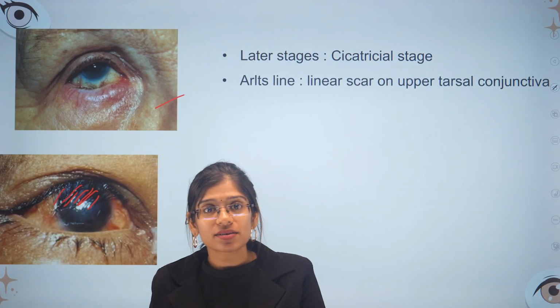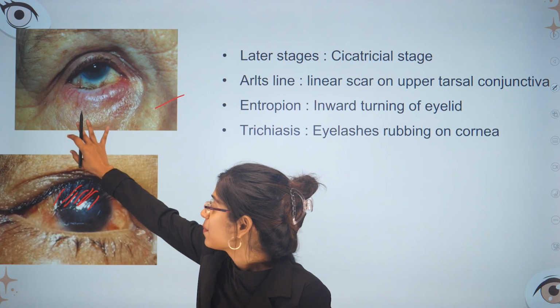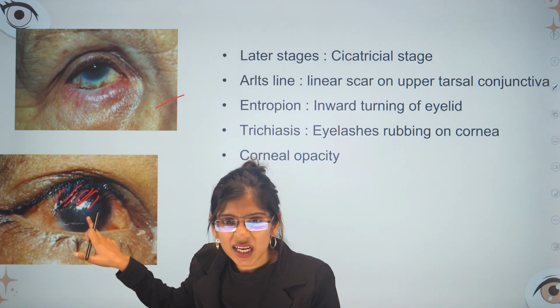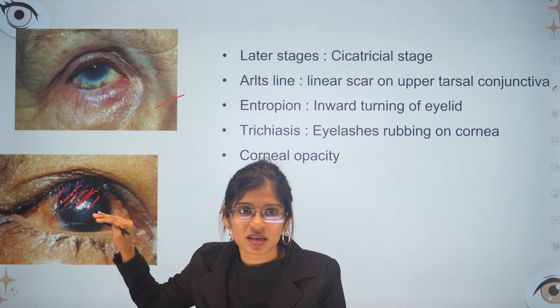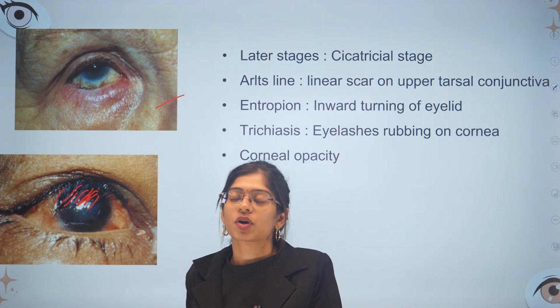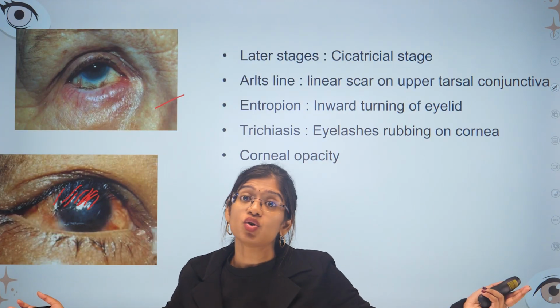Now look here. In later stages, okay, I'll talk about Arlt's line. You can see entropion, trichiasis. And when the eyelashes are irritating the cornea, what happens? Corneal ulcer happens. Corneal opacity happens. It can affect the vision finally, sometimes leading to blindness.